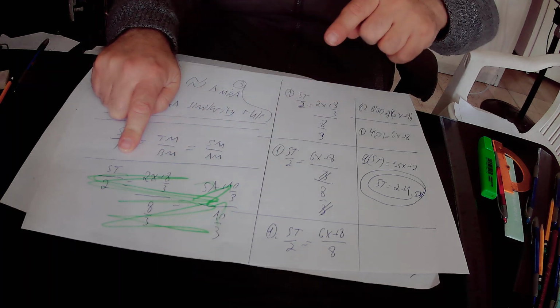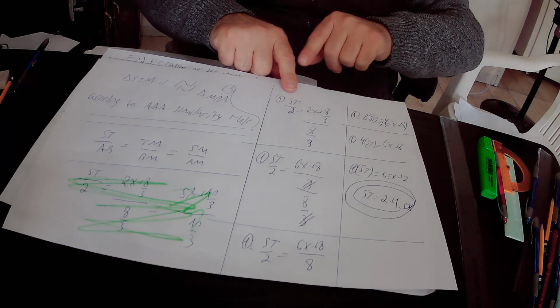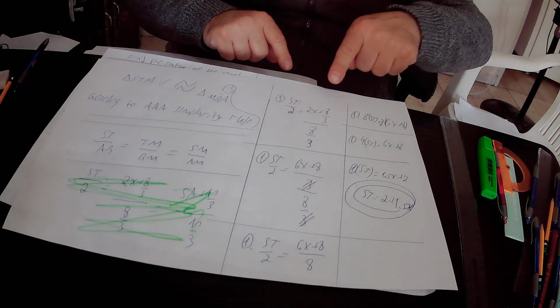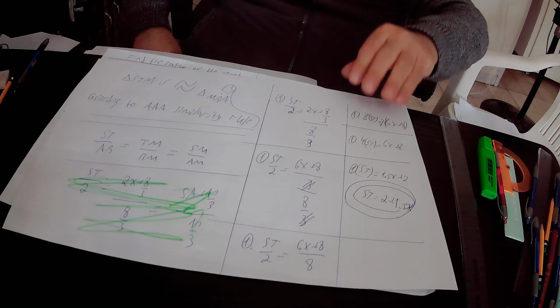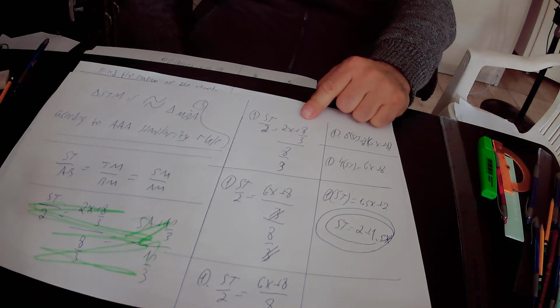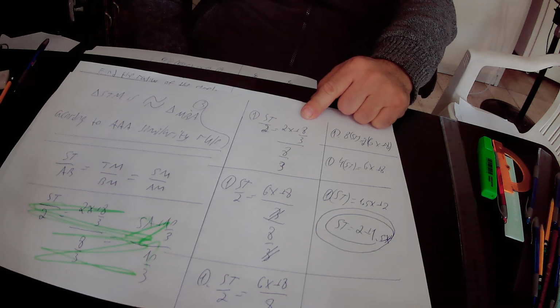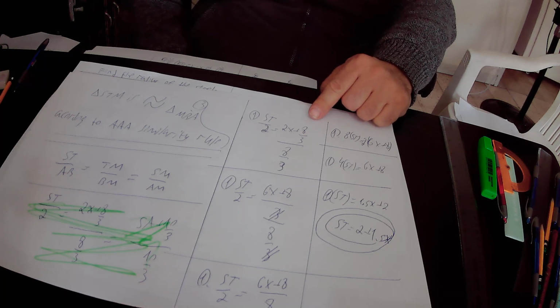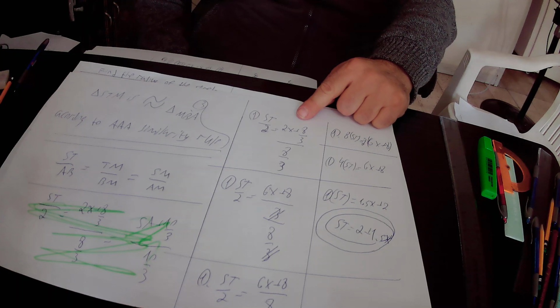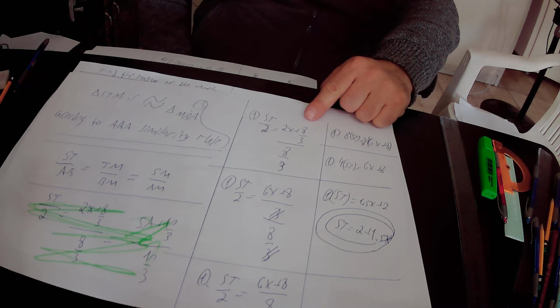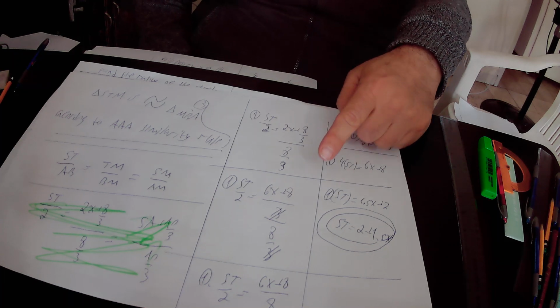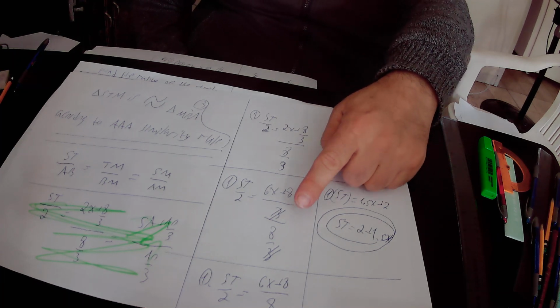So according to equation 1, ST over 2 equals 2x plus 8 over 3, over 8 over 3. So in this side of equation 1, we have 2x plus 8 over 3. Here we multiply 2x by 3 and then we divide it by 3 in order to have a common factor with 8 over 3. 2x times 3 is 6x, so in total, in the numerator of this expression, we have 6x plus 8 over 3 divided by 8 over 3.